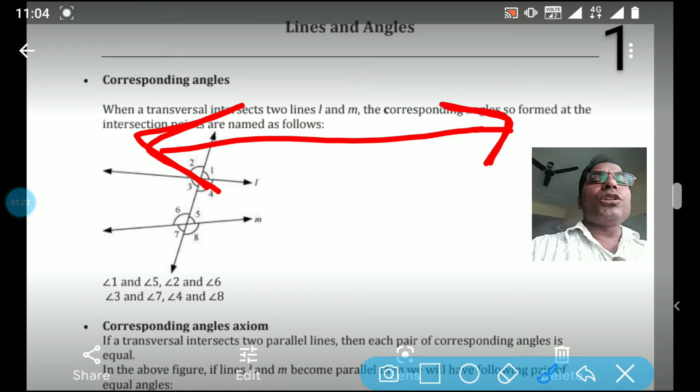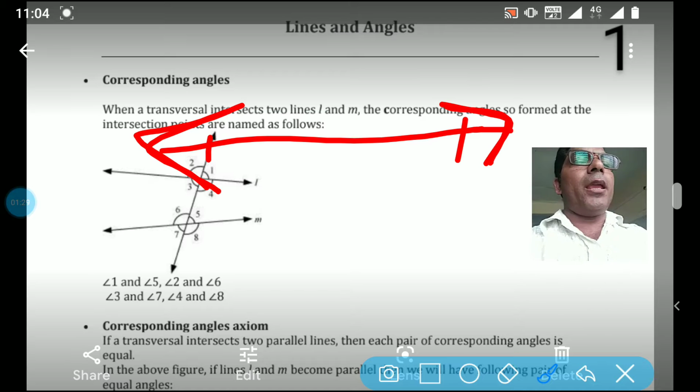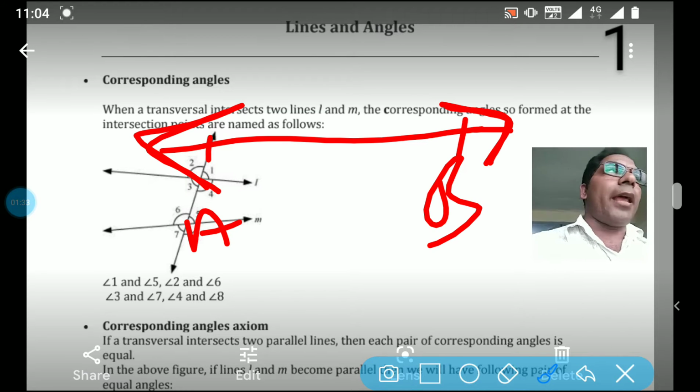So this is called a line. Here we can give the name AB: AB is a line which we can extend on both sides, the B side as well as the A side. So it does not have any fixed point.